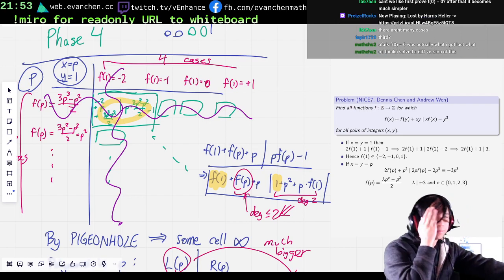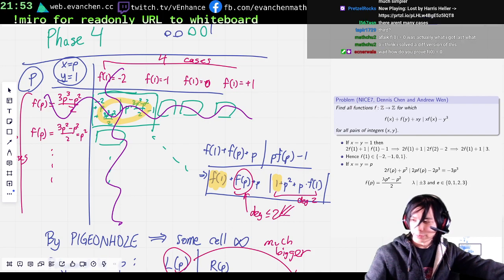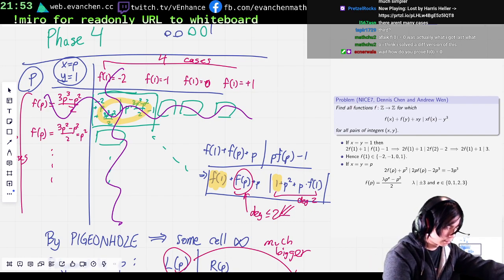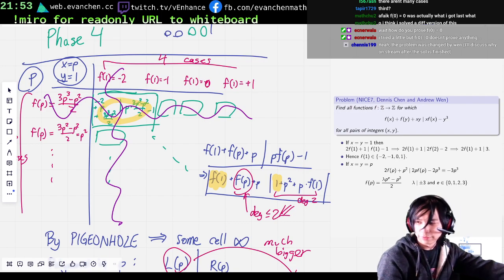And I'm trying to think if 0, 1 or 0, p might decrease the amount of casework. 0, p actually seems pretty good. f of p divides p cubed. Did you guys give me the solution for positive numbers? f of 0 equals 0. Oh, sorry, never mind. f of 0 dividing 0 does not imply that f of 0 equals 0.